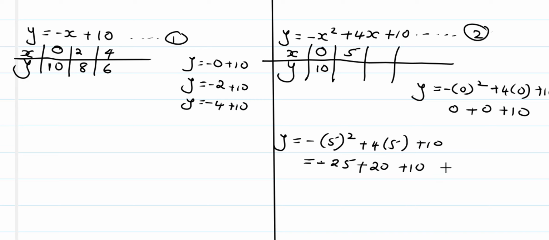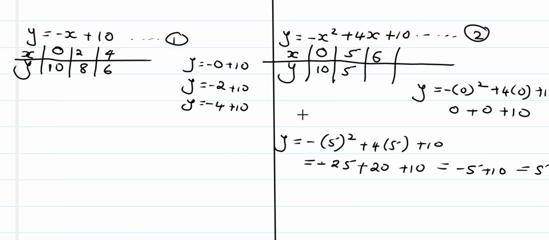So -25 plus 20 is -5, then plus 10 becomes positive 5. So y becomes 5.